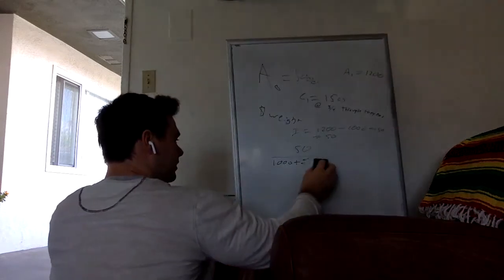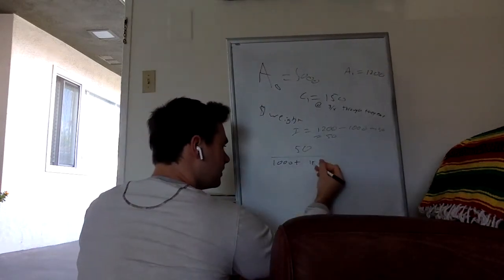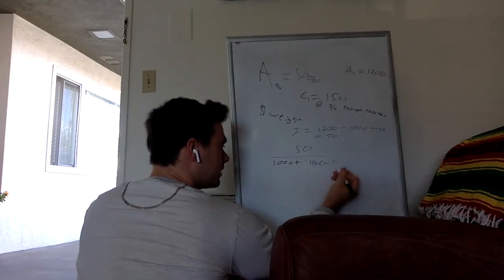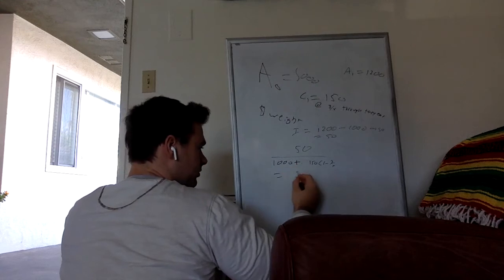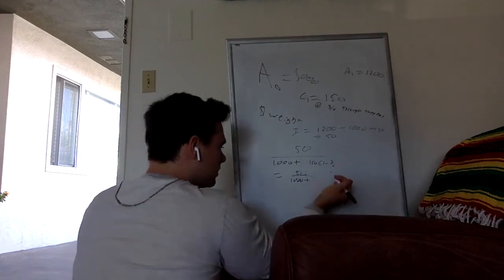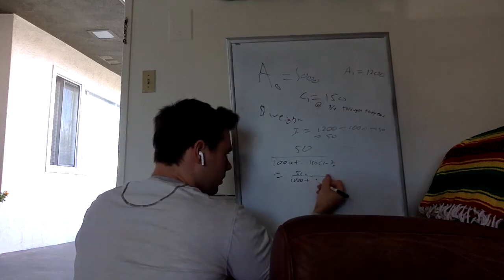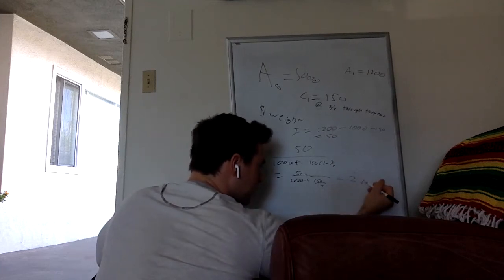Since we only have one, that is 150 times (1 minus 3/4). So that is 50 divided by 1,000 plus 150 divided by 4. And this will be our i from the dollar weighted return.